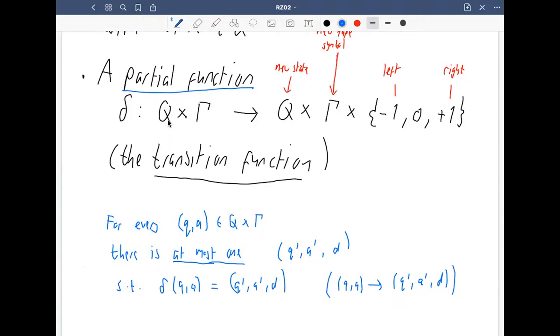And because the sets of states and the tape alphabet are both finite, the partial function is itself a finite amount of information.